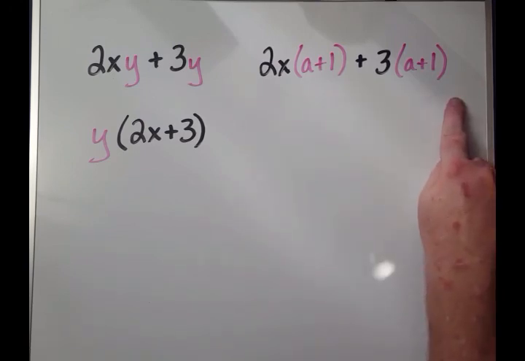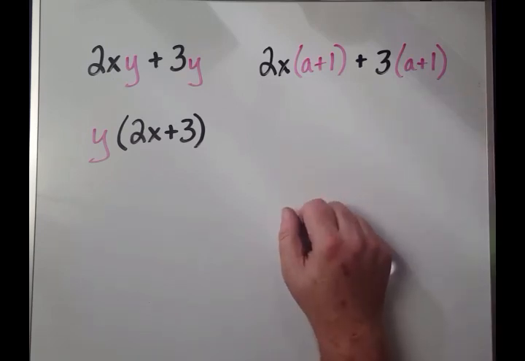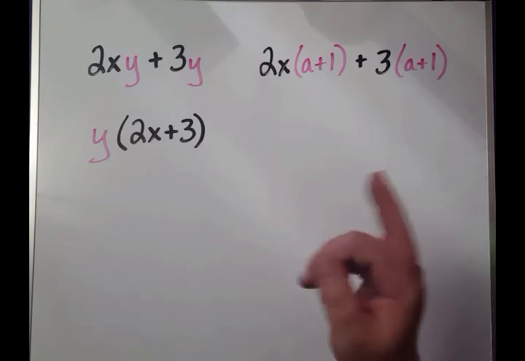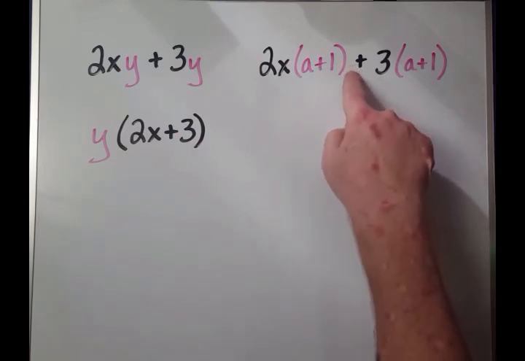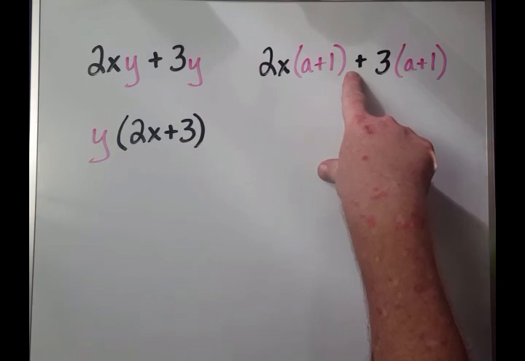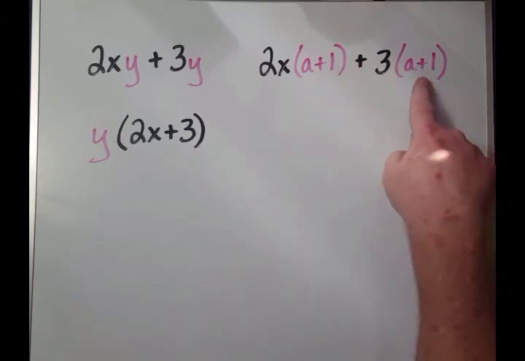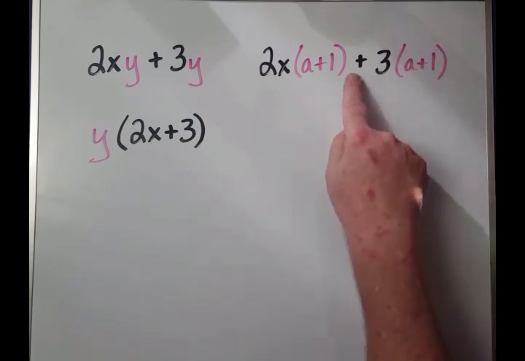How many terms? Terms are separated by pluses and minuses unless the plus or minus is buried in parentheses. There are 2 terms separated right here by this black plus sign. The pink pluses are buried in parentheses. So there are 2 terms split apart right here.